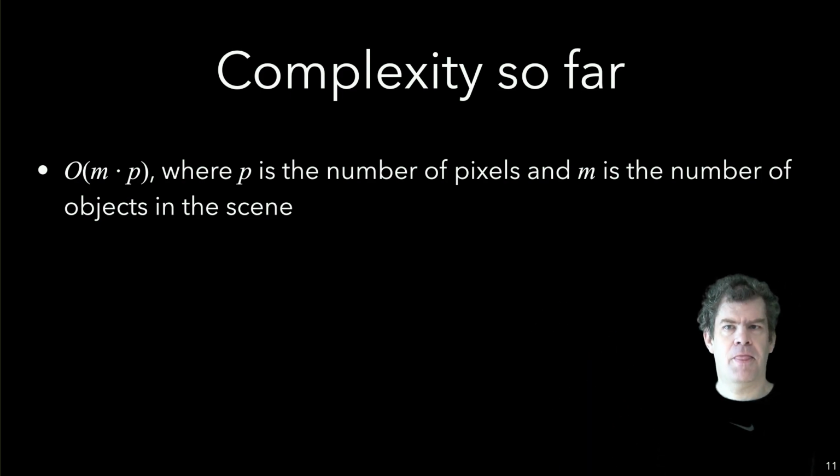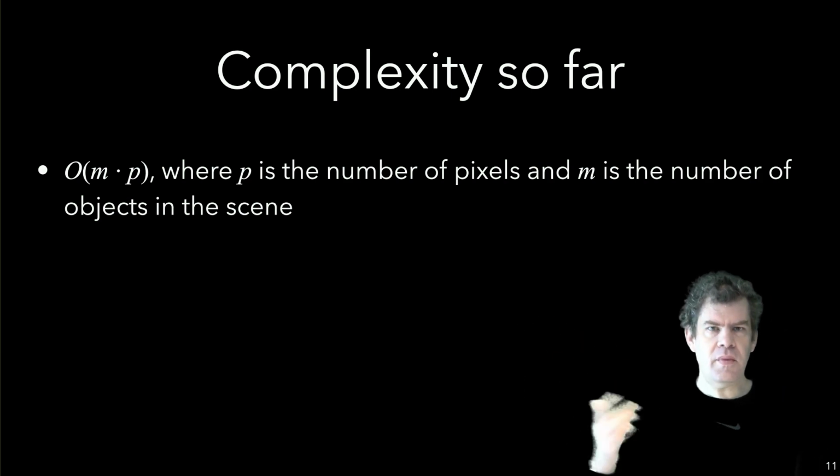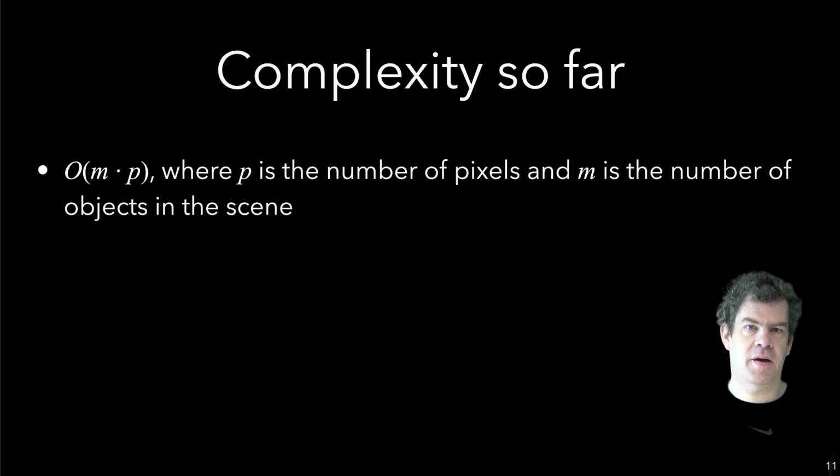Because m is the number of objects and P is the number of pixels, it'll take O of m times P time, because I need to look at every pixel, and in every pixel we need to look at every object. So that makes O of m times P.